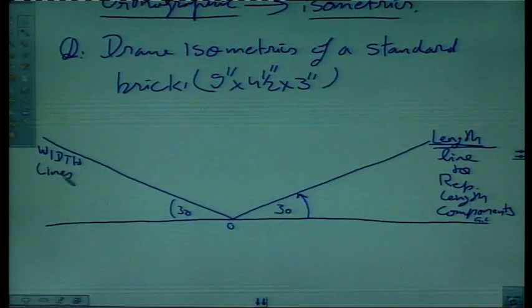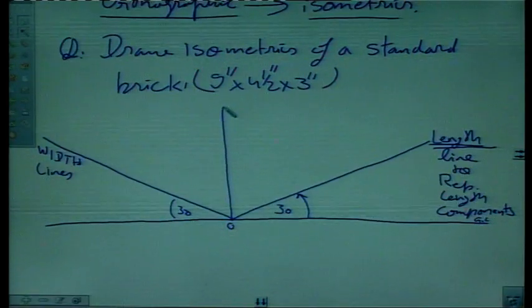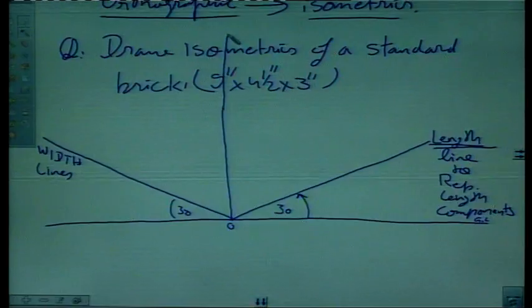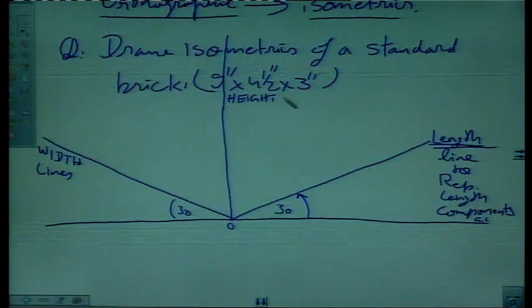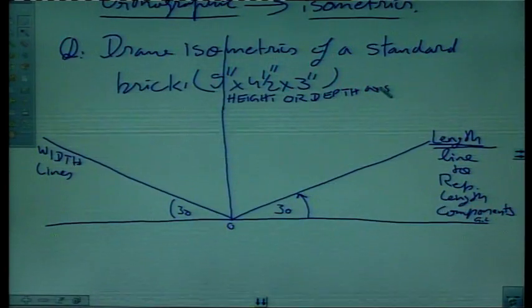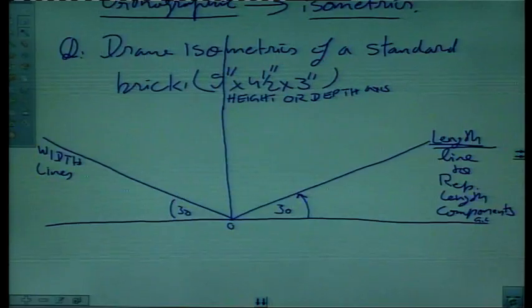And we require one more axis, say this is a third line, a vertical line. This line represents height, or we can say depth axis. All these three lines 1, 2 and 3 are called isometric axes, and all isometric lines are drawn parallel to these lines.